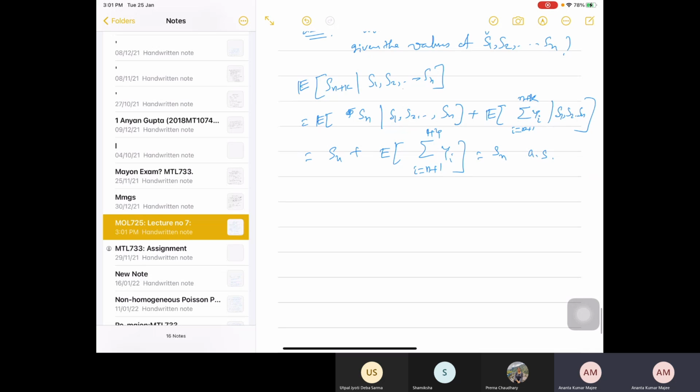This idea, if you try to formulate it as a formal definition, is what I define as a martingale.